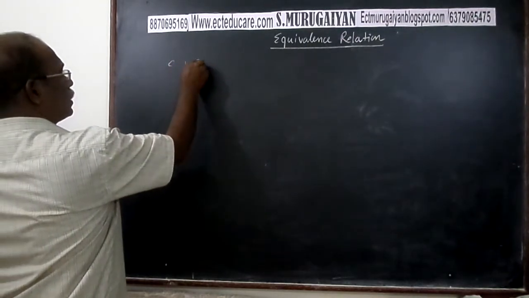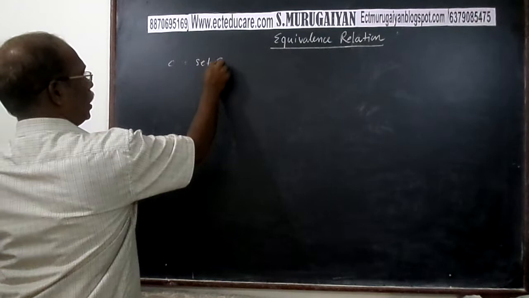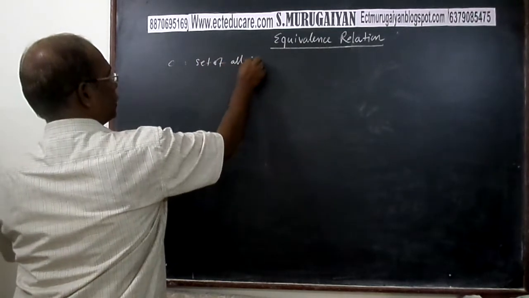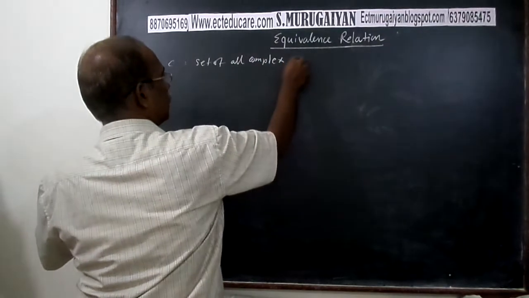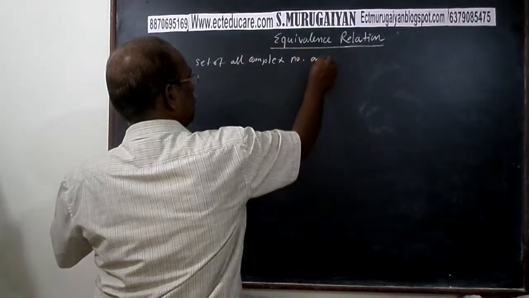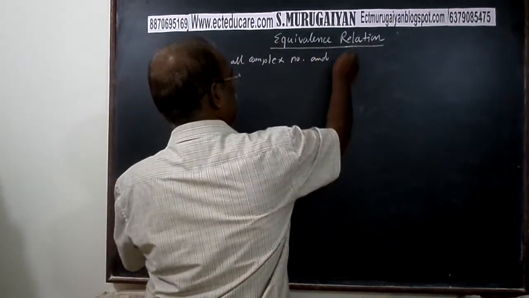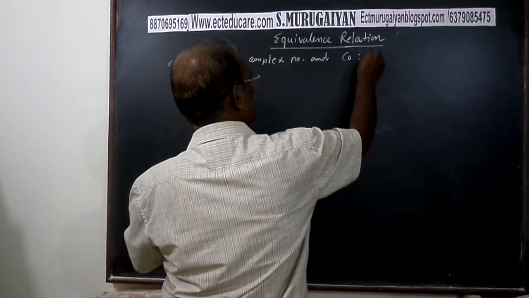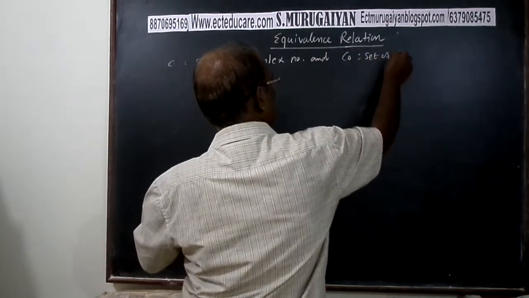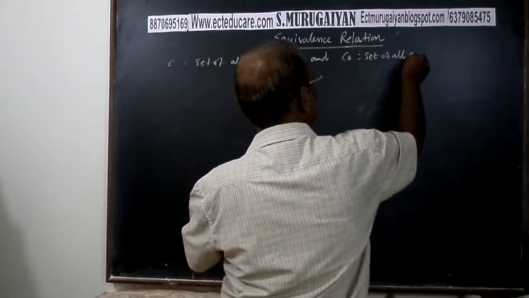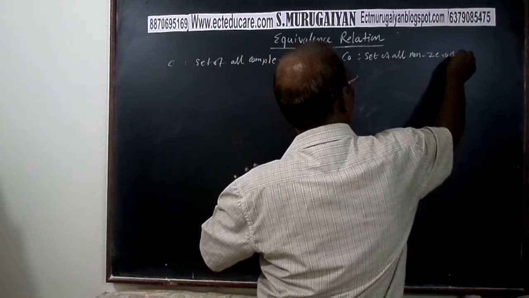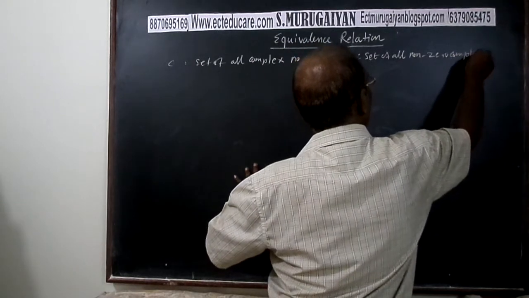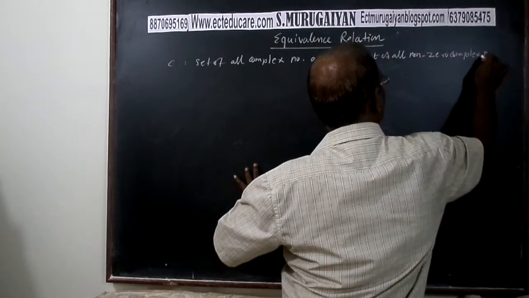C is the set of all complex numbers, and C naught is the set of all non-zero complex numbers.